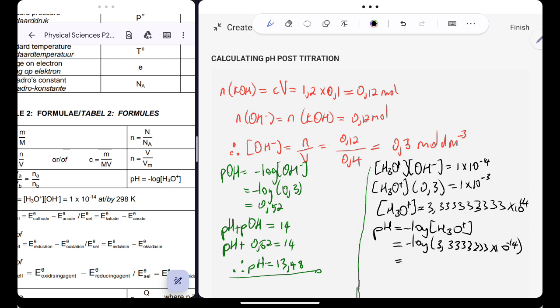Let me punch my calculator. Negative log of the answer. I'm also finding the same answer, 13.48. So it's up to you guys, which one do you prefer? I always prefer pOH because it's cleaner.